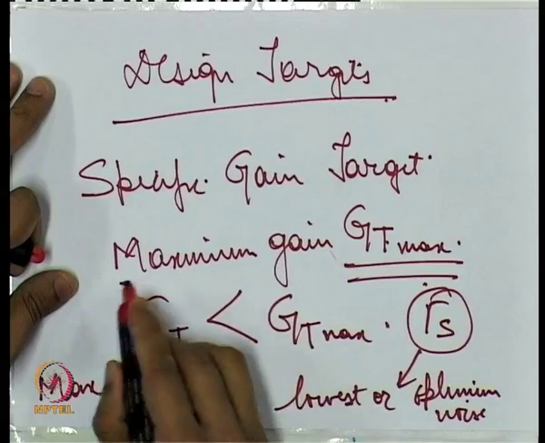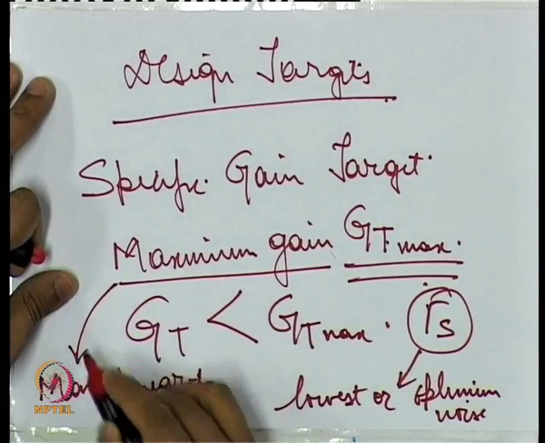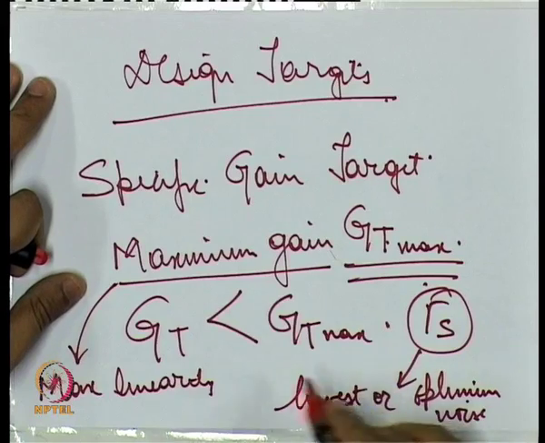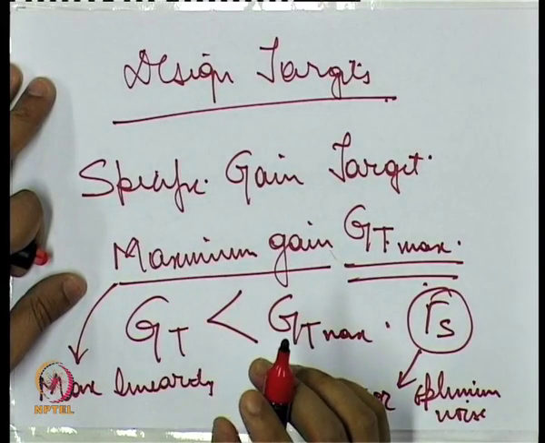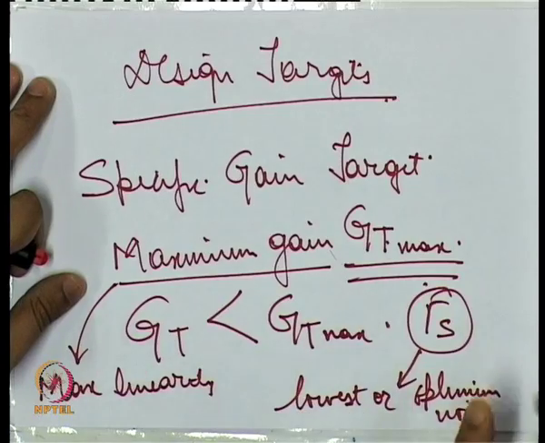So let us first concentrate, we will see how we can achieve all these targets, this noise, stability and gain. But first let us suppose we are concentrating on the gain aspect. So if I want to achieve the maximum gain, then what should it be?